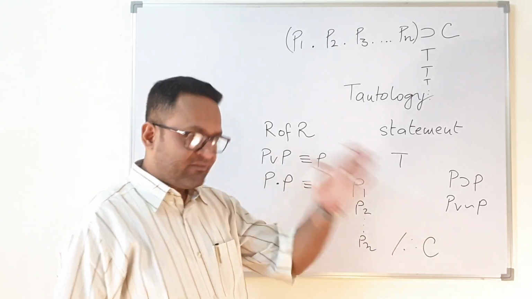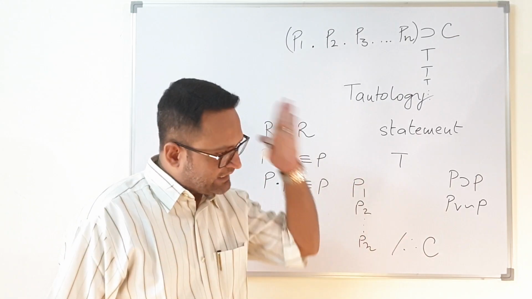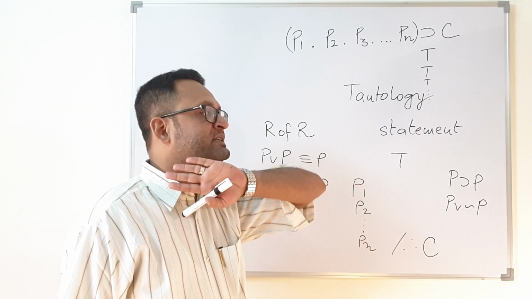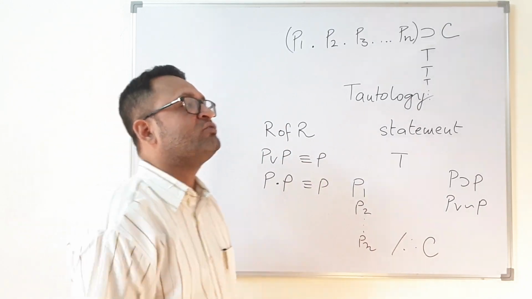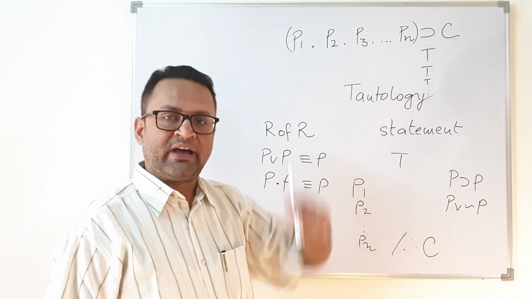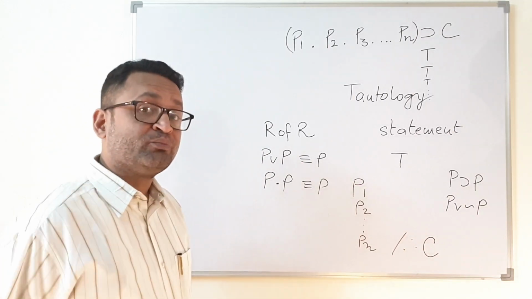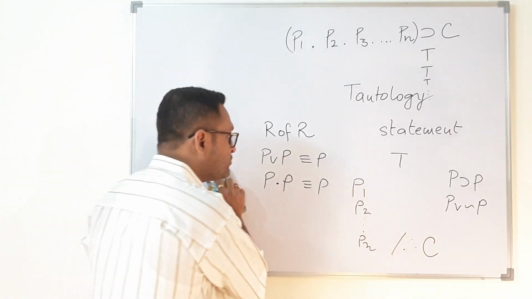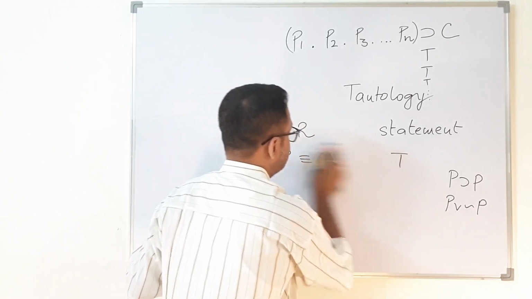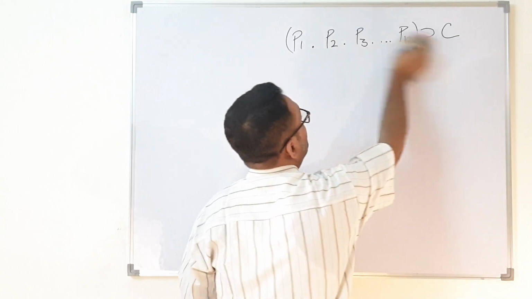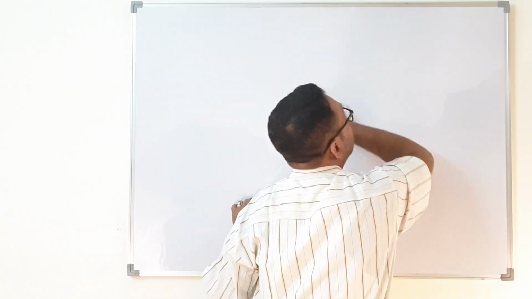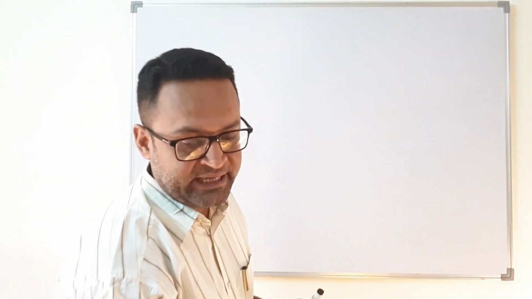It does not matter. You have a conclusion, and that is a tautology. That in itself is enough for you to understand that this becomes a valid argument. But then you need to prove that something is a tautology. How to prove something as a tautology? This is the idea. Now, as Copi says in his book, you can prove it with the help of CP as well as with the help of IP.